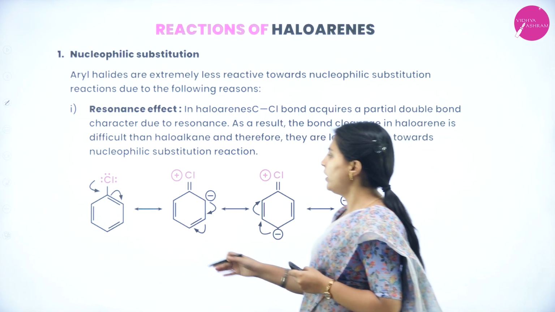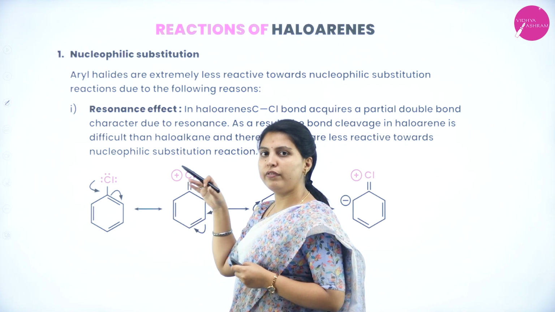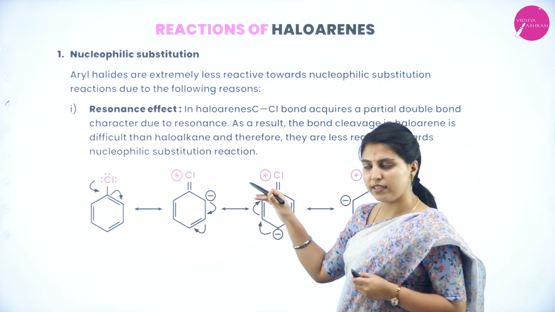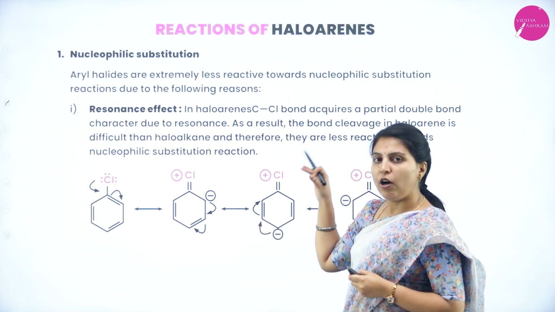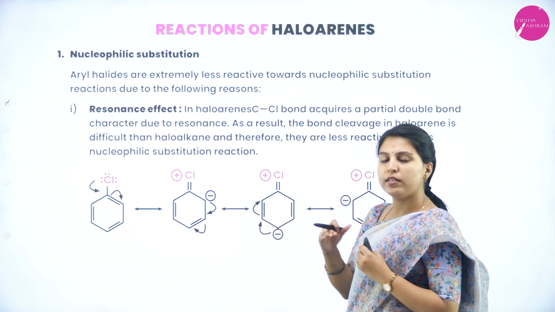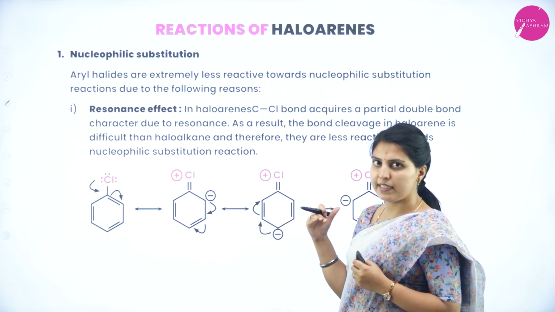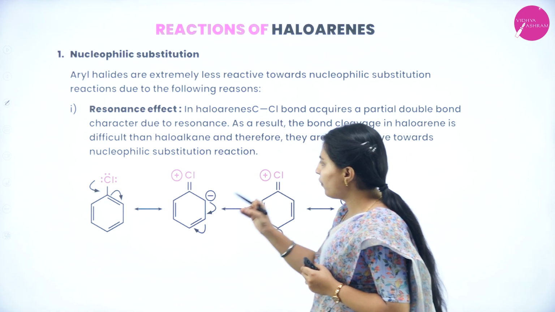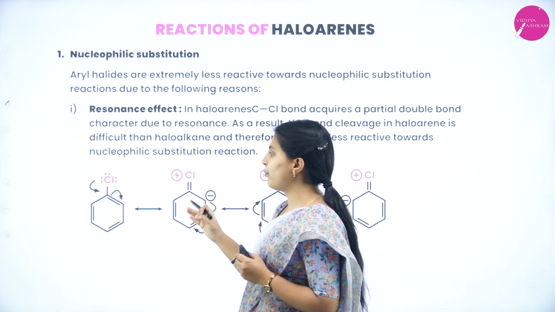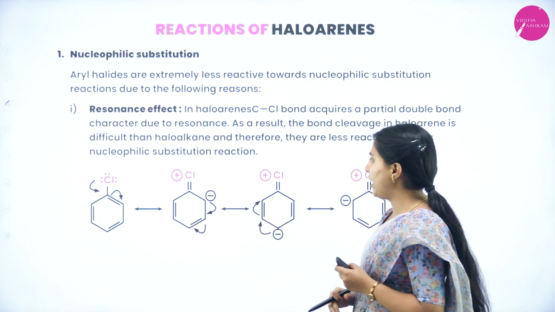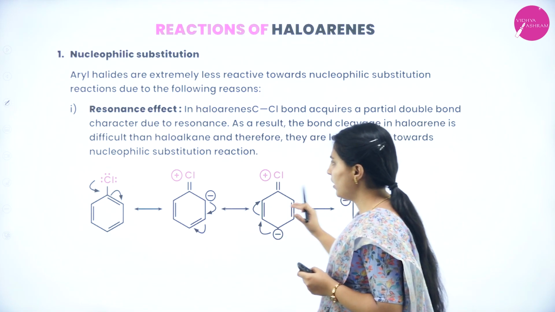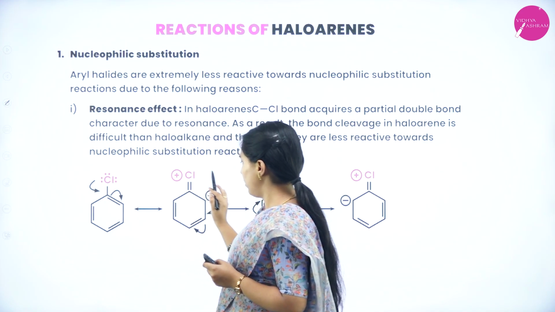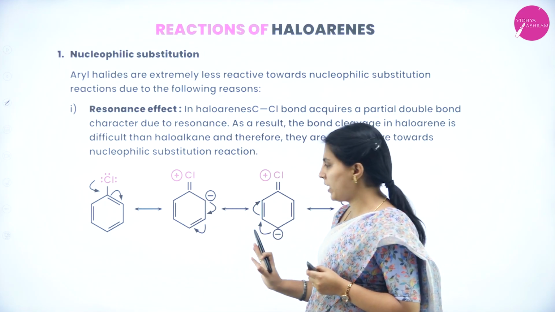In the arene there are alternating double bonds, which gives resonance character, so nucleophilic substitution will occur with great difficulty. So this is a resonance structure. See, this electron will enter here and the shifting of electrons or bonds will take place.